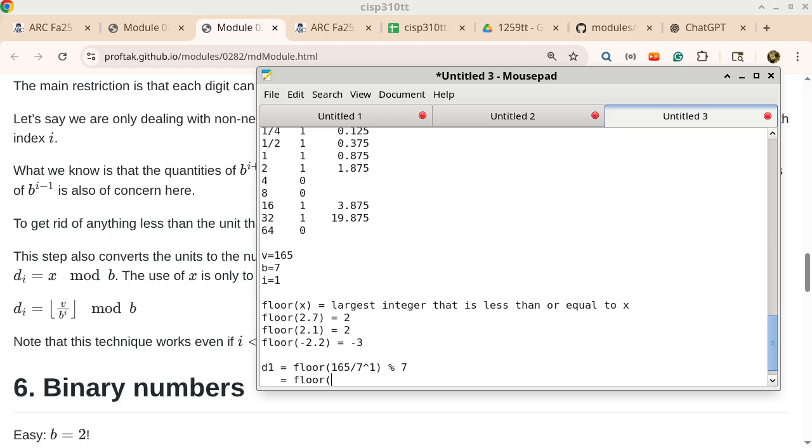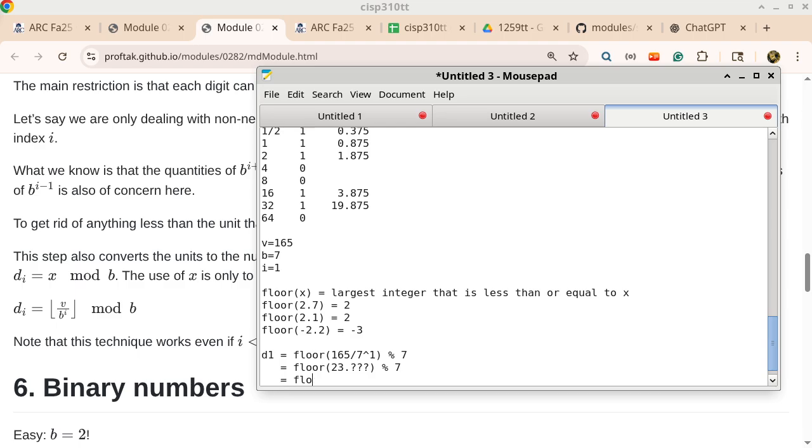So this is going to be the floor of 23.53, blah, blah, blah. The blah, blah, blah is not important. So this is boiling down to 23 mod 7.